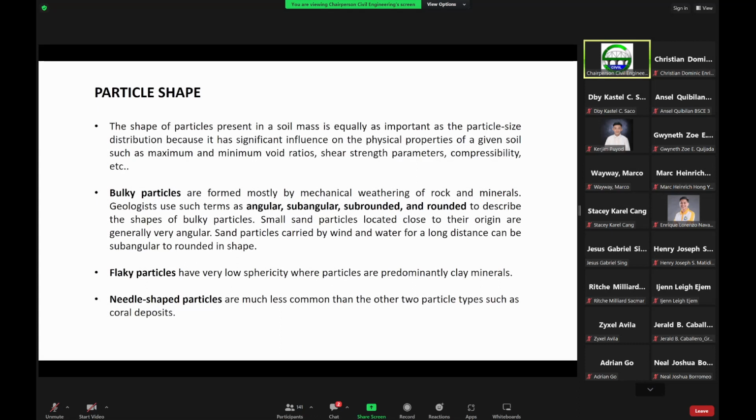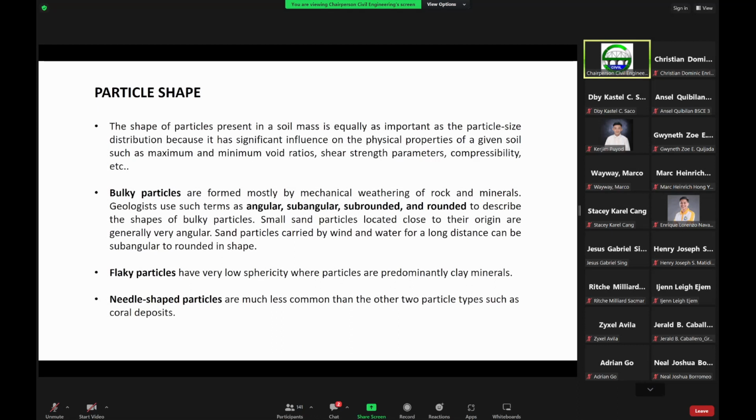Bulky particles are formed mostly by mechanical weathering of rock and minerals.